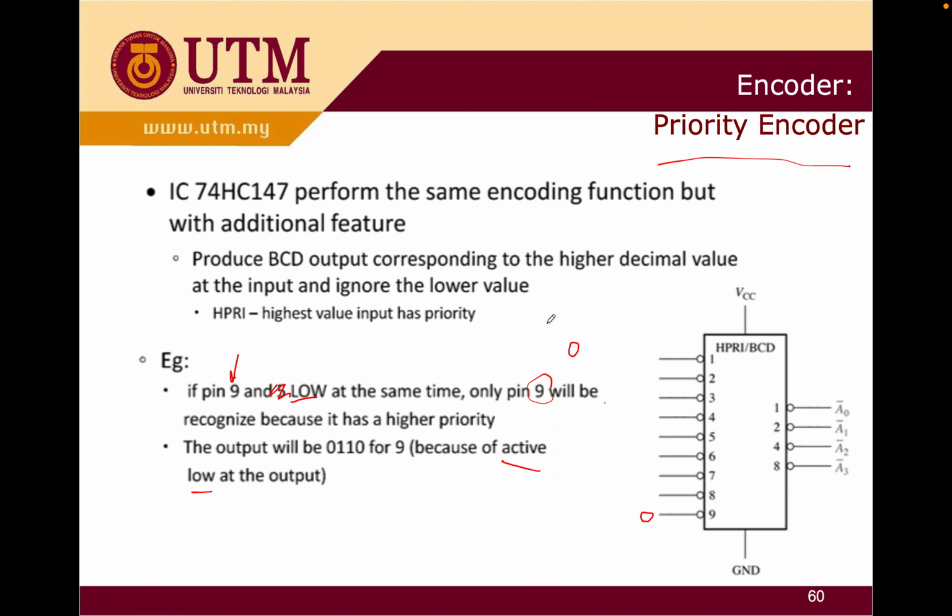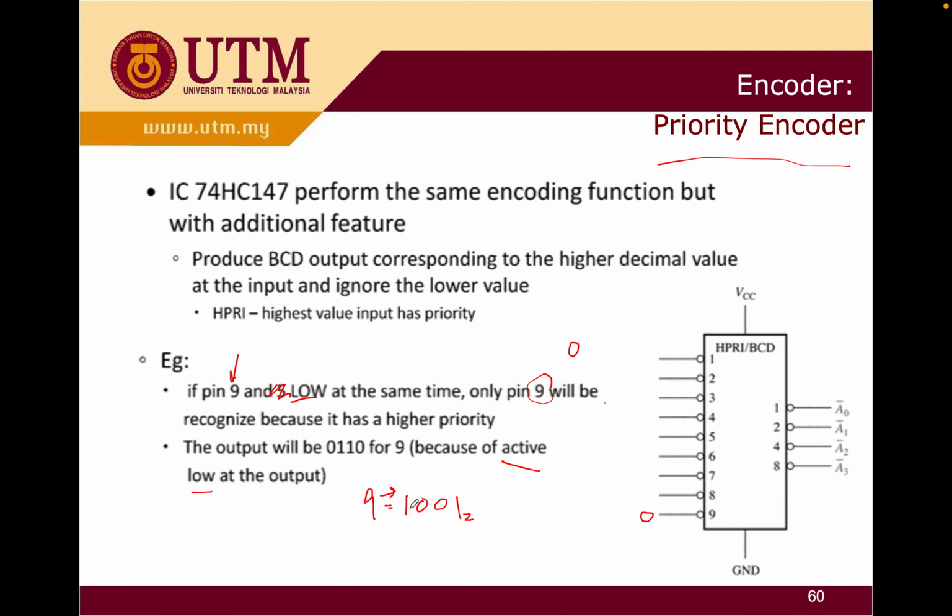Because this one is active low, 9, if you convert to binary, in terms of active high, you're going to get 1, 0, 0, 1. Bear in mind this is normal binary, and normal binary is active high.